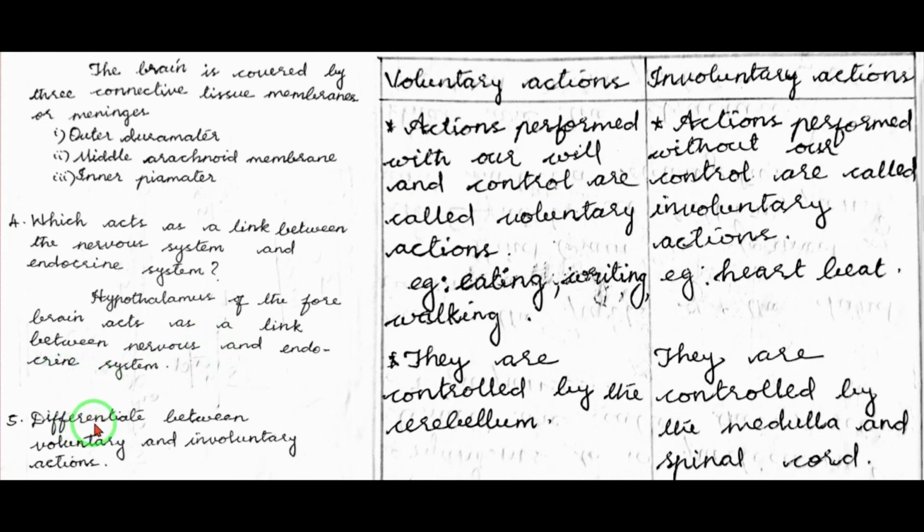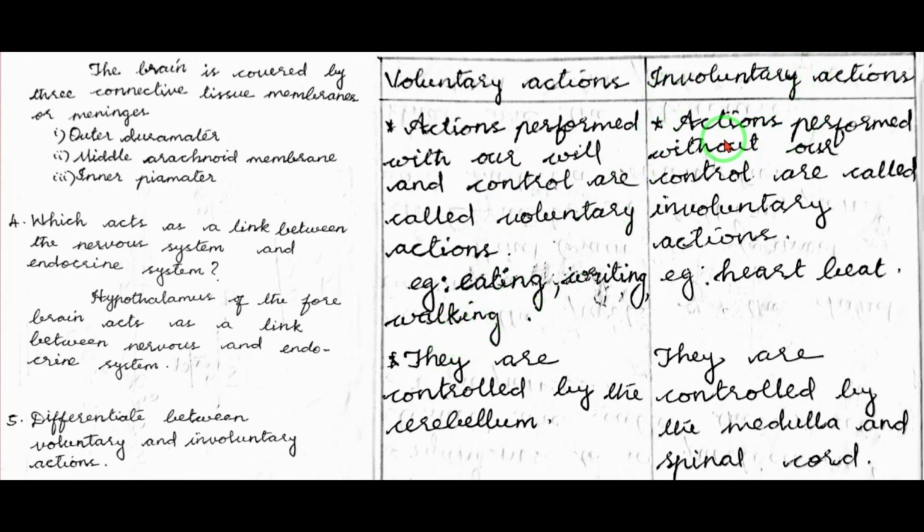Question number 5. Differentiate between voluntary and involuntary actions. Voluntary actions: actions performed with our will and control are called voluntary actions. Example, eating, writing and walking.